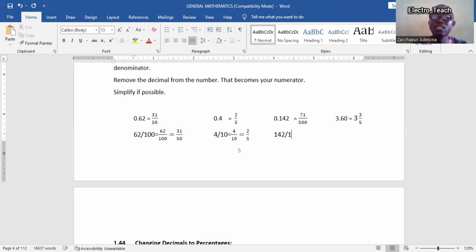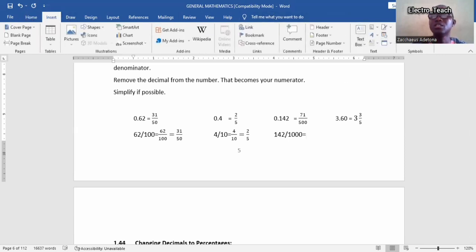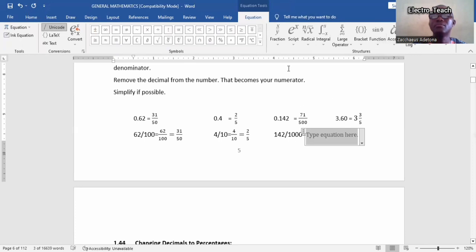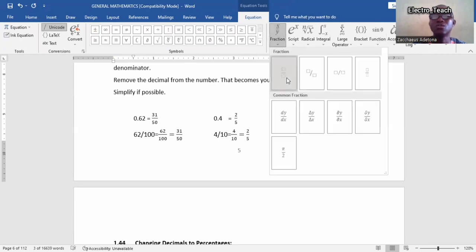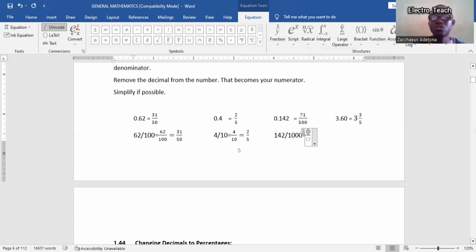Then the number of digits after the decimal point will be the number of zeros you are going to add. So we have 3 digits, 1, 2, 3. So we can now write it properly and make it the lowest term it can have. So we have 142 divided by 1000.